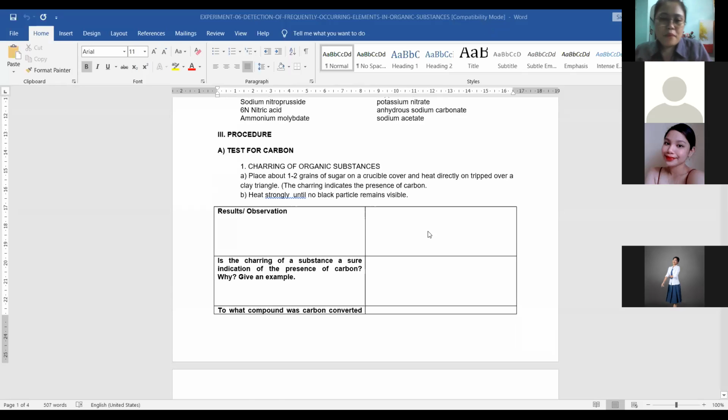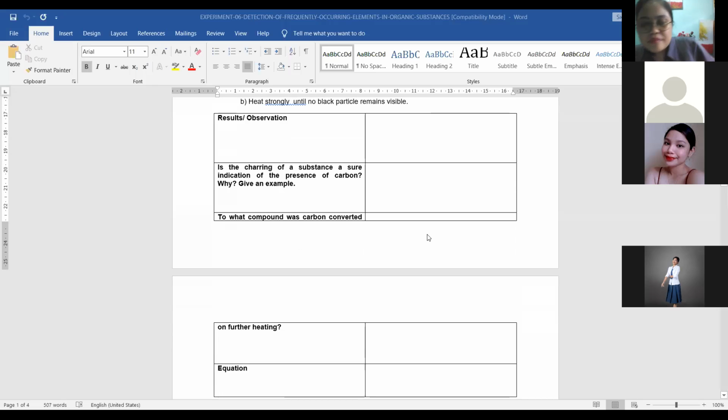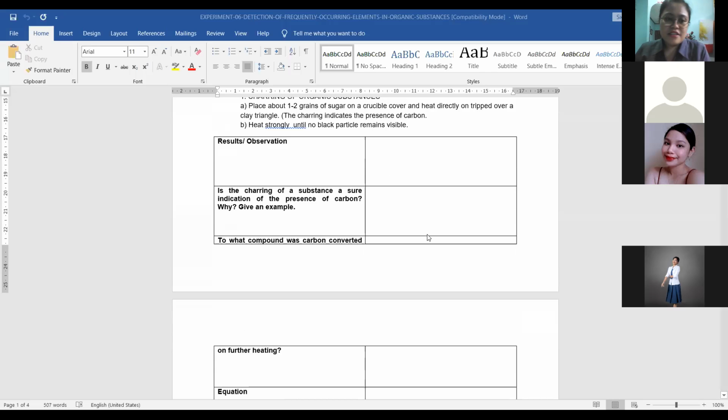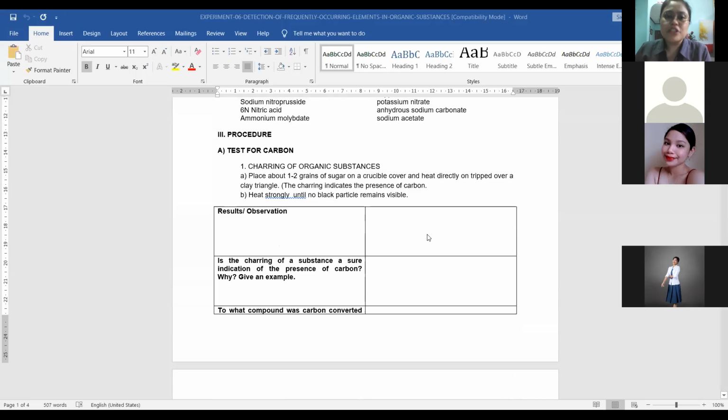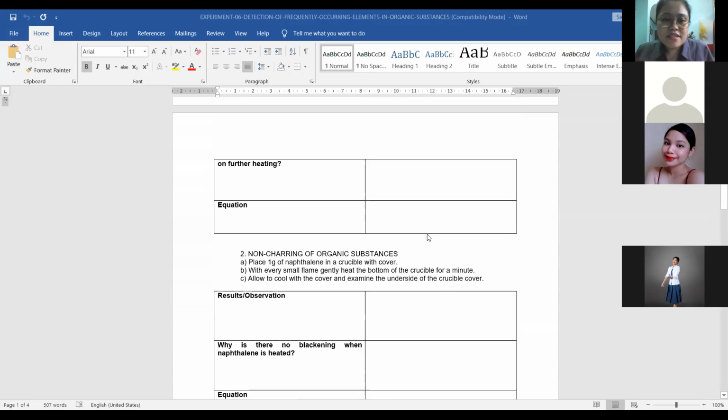When you heat carbon, it becomes char, and after excessive heating, this carbon will actually become carbon dioxide. That will be its end product, a reaction with oxygen forming carbon dioxide. So that's the first test for carbon, charring of organic substances.